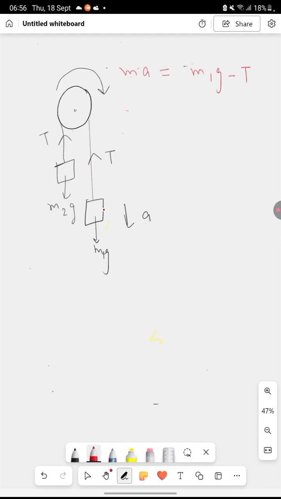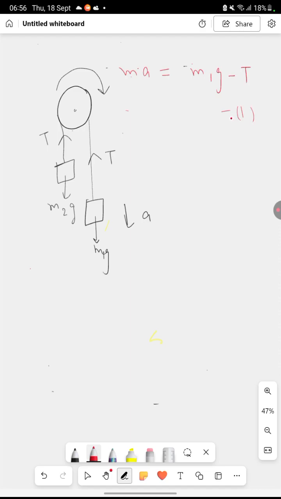So their resultant will be MA, because that is taking the mass in the downward direction. So from here this is the equation.